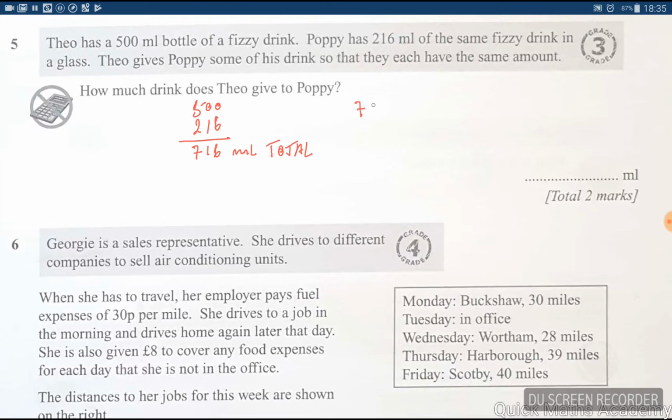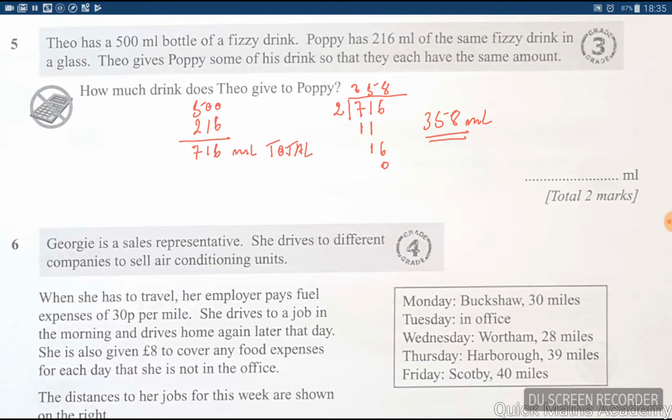So 716 divided by 2, I will do 2 times 3 is 6, to 7 is 1, 2 times 5 is 10, to 11 is 1, and 2 times 8 is 16, to 16, 0. Okay, so half of 716 will be 358 mils. Okay, so after the trade, they both have to have 358 mils.